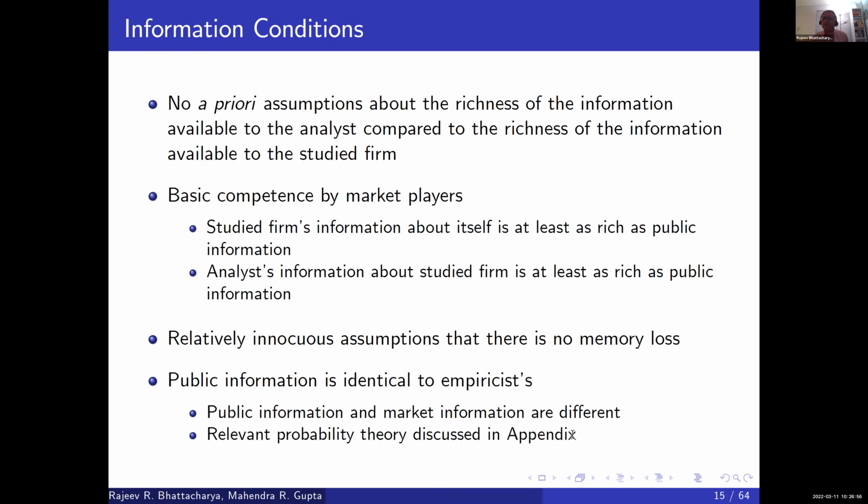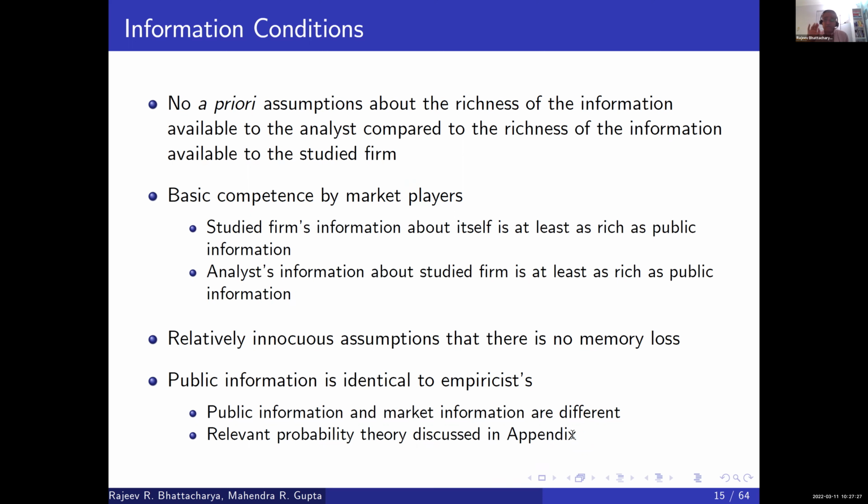Basic competence is that the studied firm's information about itself is at least as rich as public information. Similarly, analysts' information about the studied firm is at least as rich as public information. Because I come from a strong math econ background, there is a lot of material in the appendix with the probability theory about public information versus market information.